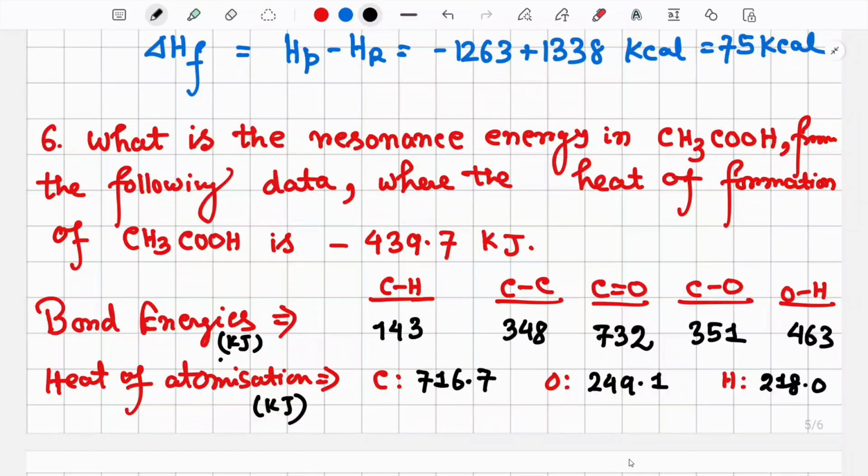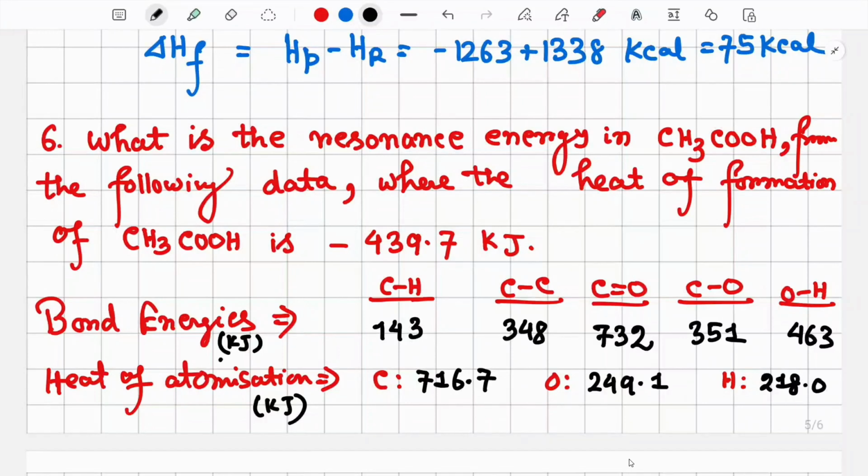No. Try, do it properly. How to calculate the resonance energy? You have to consider the two forms of acetic acid. Both are the same in two forms. No bond is changing, which means it has equivalent resonance structures. That's correct.